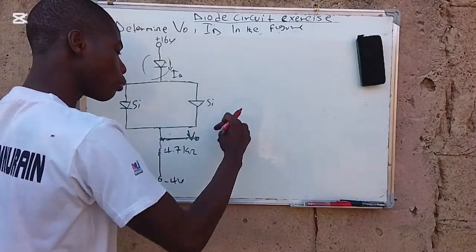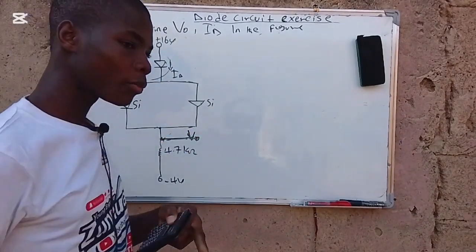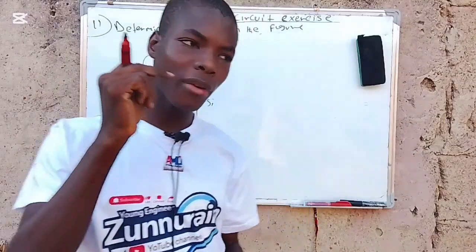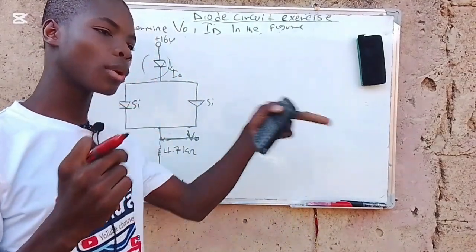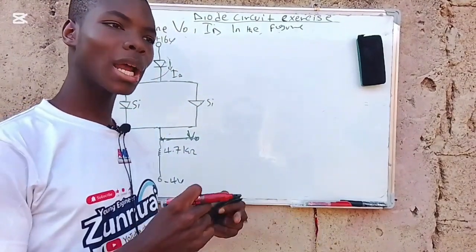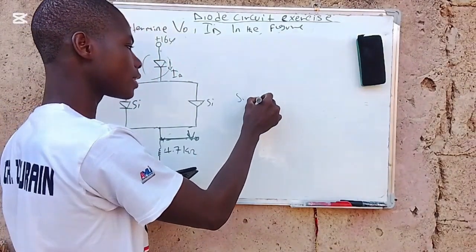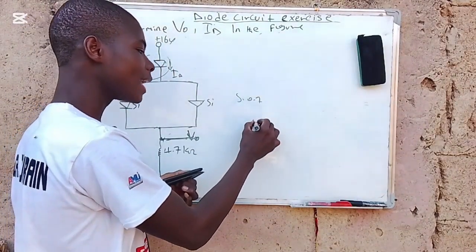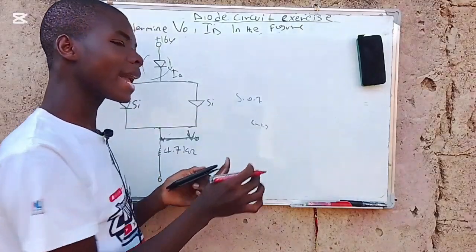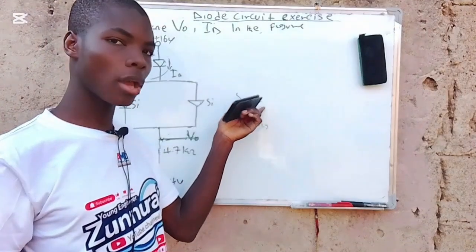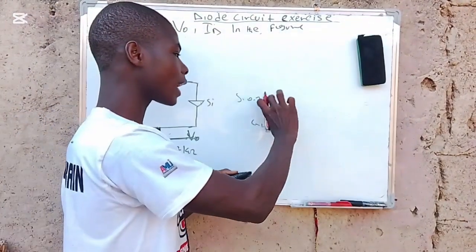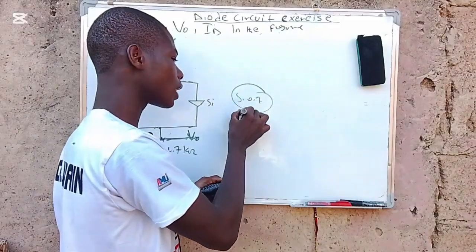The silicon has 0.7, while the gallium arsenide has 1.2, which is higher than the silicon. So therefore they cannot pass, but only this silicon can pass.